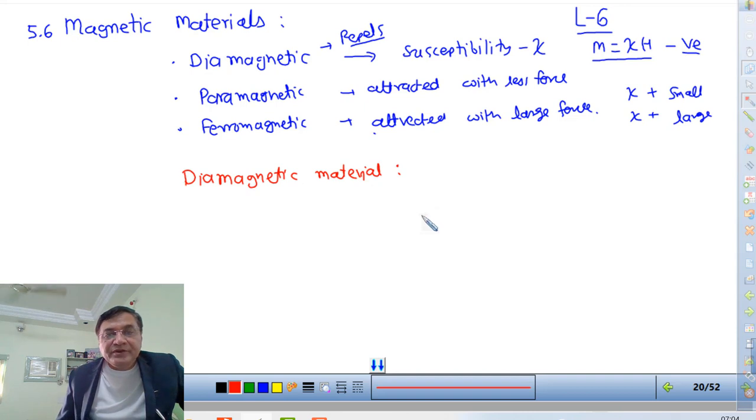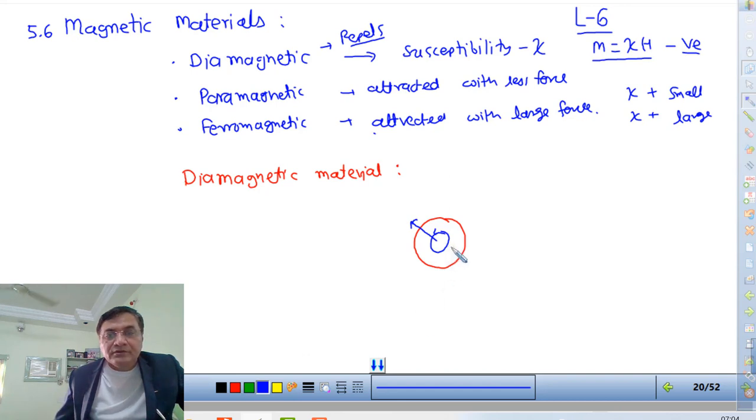Any material is made of atoms or molecules, or you can say constituent particles. So suppose this is the constituent particle. In this particle, maybe atom, maybe molecule, there are so many electrons. One electron is, suppose, revolving over here around the nucleus, so it has spin, it has magnetic moment in this direction.